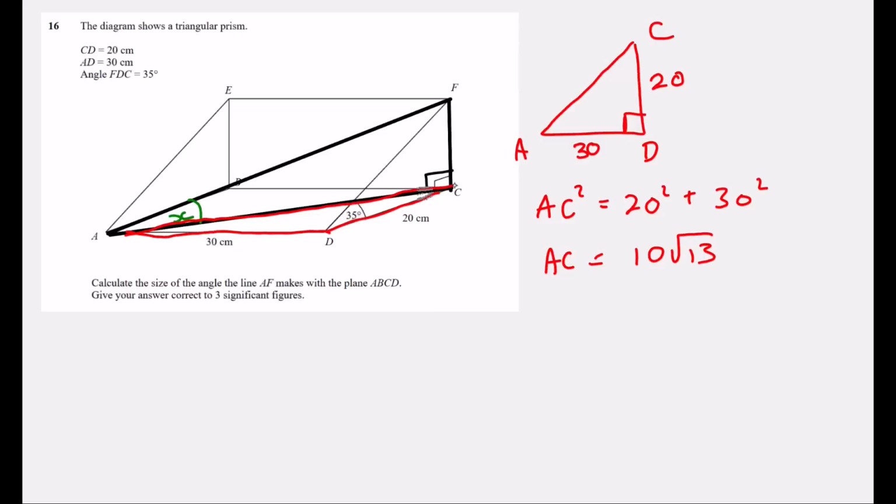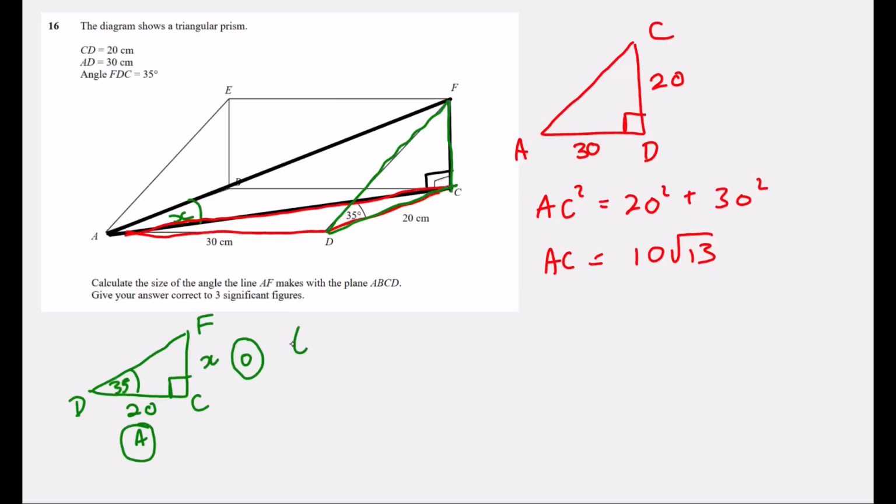We can also work out CF, another side of our right angle triangle, using this right angle triangle here, which is DCF. We've got a 35-degree angle. We've got 20 centimeters, and we want CF. So we've got the opposite and the adjacent.